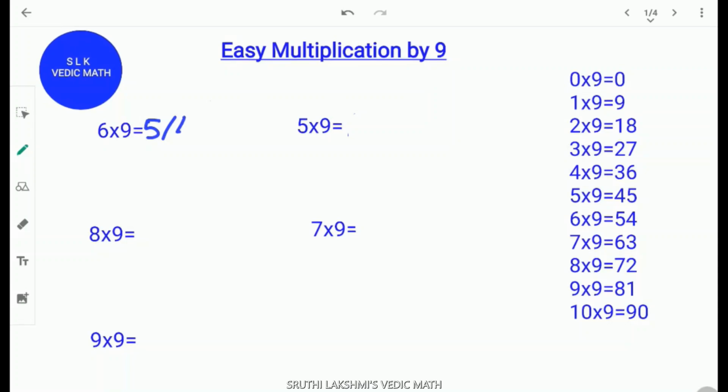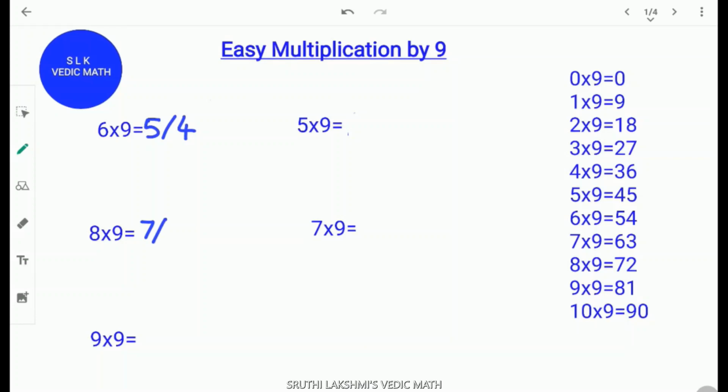Write down the 4. 6 times 9 is 54. Let's see another example. 8 times 9. 1 less than 8 is 7. Write down the 7. Don't forget to put a slash. 7 plus what equals 9? 7 plus 2 equals 9. Write down the 2. 8 times 9 is 72.